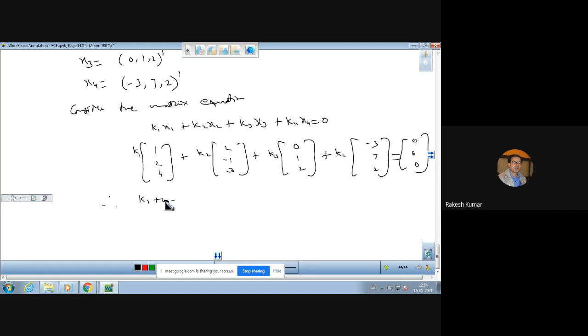Now we can write down the system of equations by using this. So k1 plus 2k2 plus 0k3 and the last one is minus 3k4 will be 0.